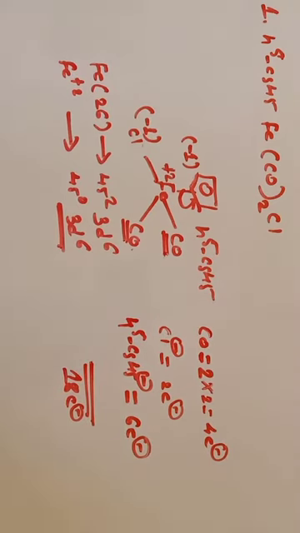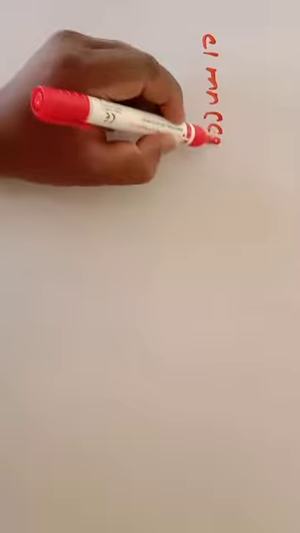Let us discuss another example of this method to determine the electron count, that is ClMn(CO)5.